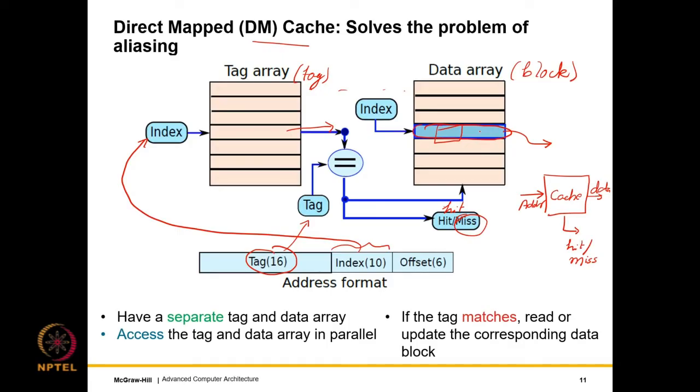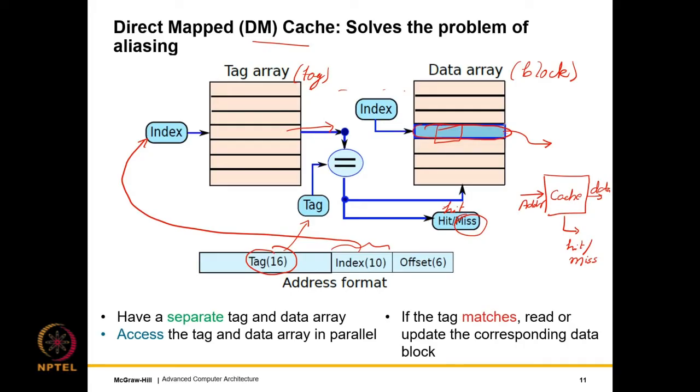If it's a miss, nothing, we just discard this data. If it's a hit, then there is a performance advantage because we have anyway read this entry, so we can directly send the bytes that the processor wanted to the processor, or if we have written to a temporary copy, we can transfer it back.